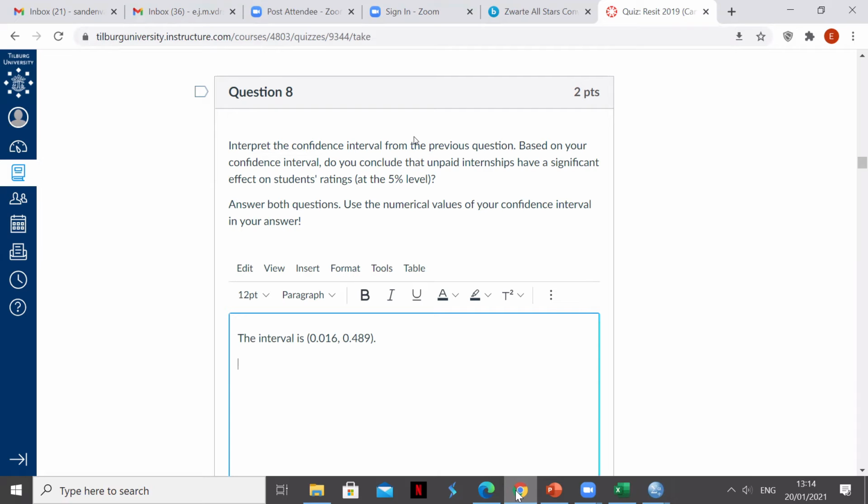So we first start: the true population coefficient for unpaid internships is between this, so you can copy it because why not? With 95% confidence.